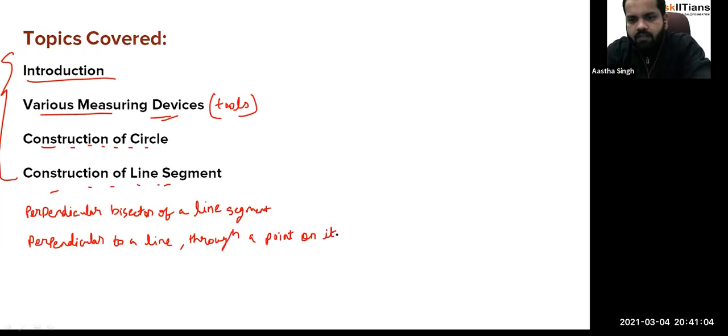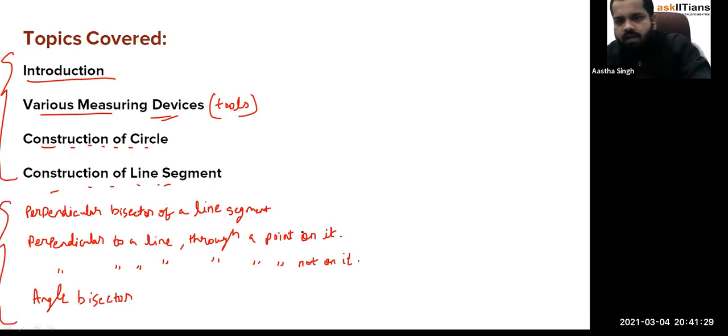Next, you will study perpendicular to a line from a point not on it. And also you will study the angle bisector. This is what your syllabus has, totally.